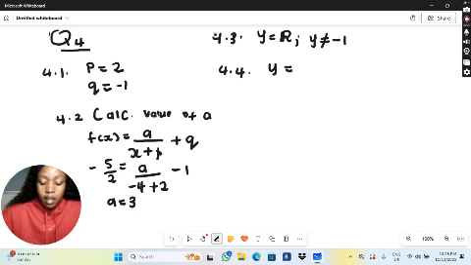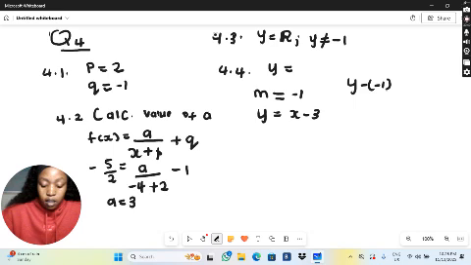So our m is equal to negative 1, and then y minus negative 1 equals negative 1 times x minus negative 2.